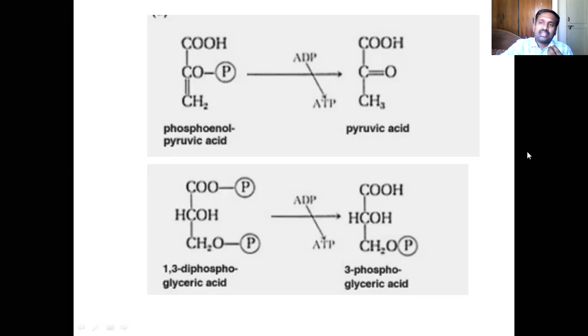If you want to answer this very specifically, why do we require glucose? The answer would be, glucose is required to give intermediates like phosphoenol pyruvate and diphosphoglycerate. Why are they required? To synthesize ATP through substrate level phosphorylation.